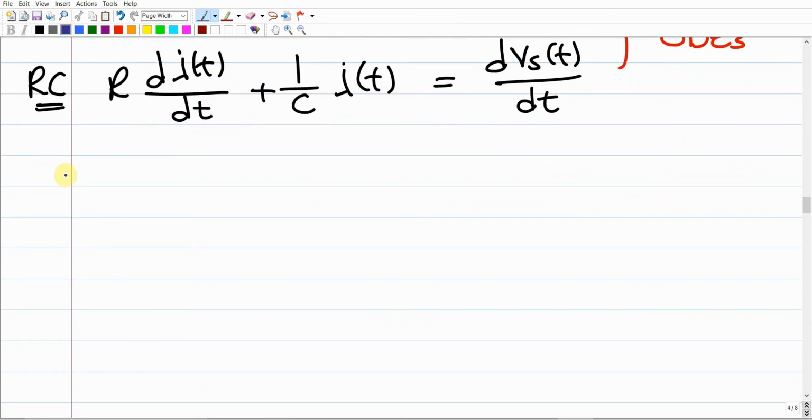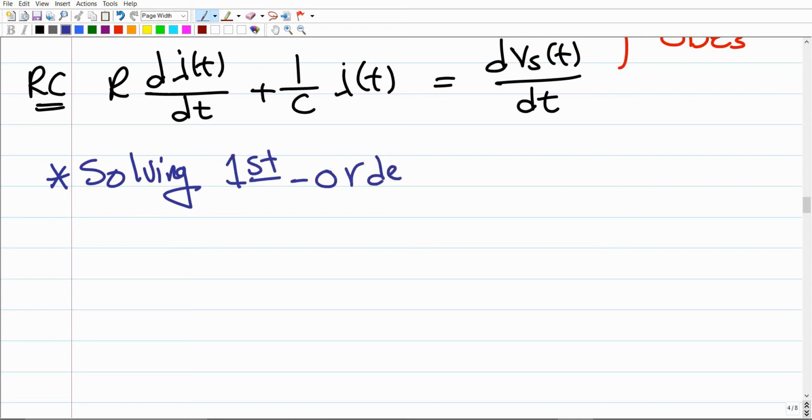So starting here with solving first order ODEs. Again, ODE stands for ordinary differential equations, right?